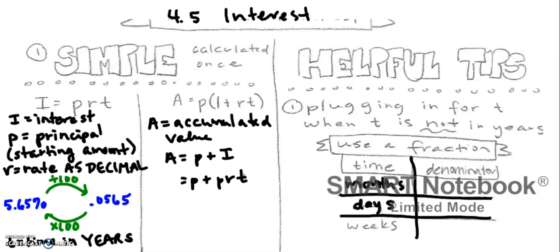And then if you notice, those two terms have a GCF of P, so I'm going to divide that out. And what that leaves me with is 1 plus RT, which is how we get this formula right here. So it seems like a whole second thing that's independent of the first, but there's overlap.